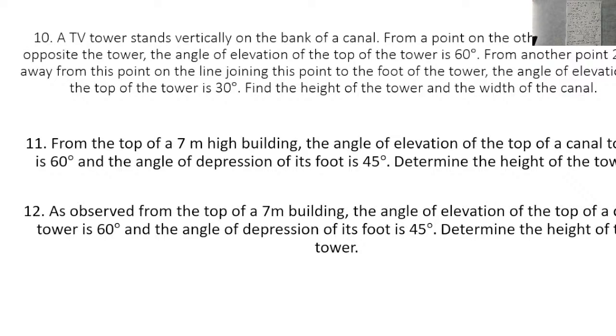From the top of a 7 meter high building, the angle of elevation of the top of a cable tower is 60 degrees, and the angle of depression of its foot is 45 degrees. Determine the height of the, just wait, it is not canal, it is cable.